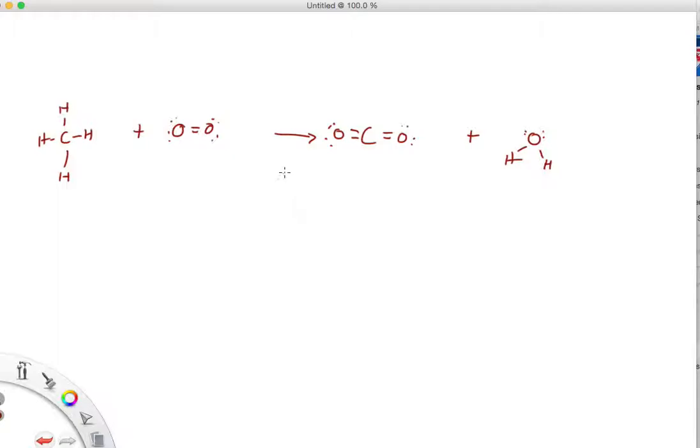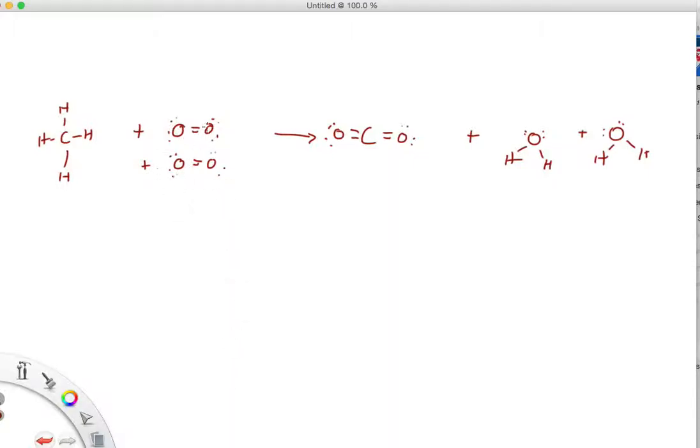We need to balance this. If you put 2 over here, we put 2 of that, it should work. I'm just making sure this equation's balanced. And let's do another one over here. This should work. Yeah. Okay.